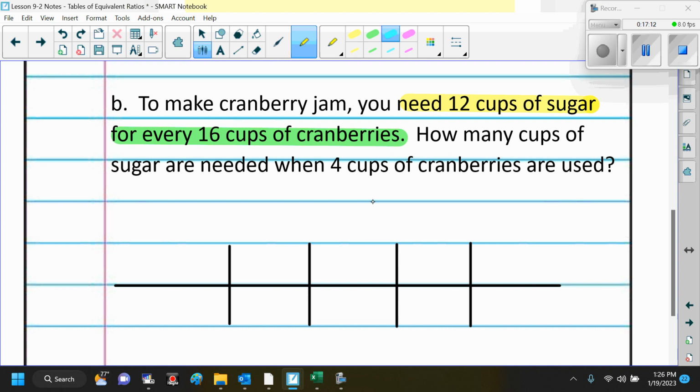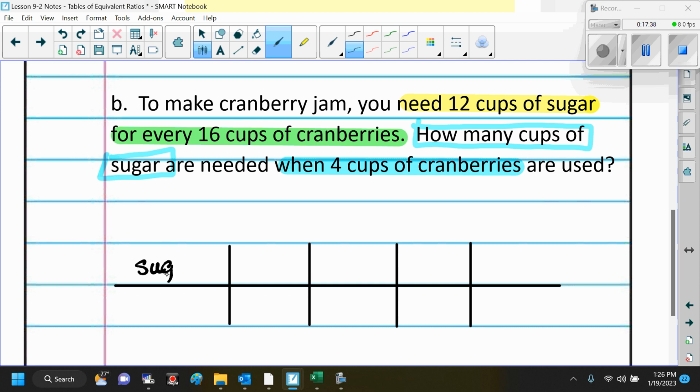So, what are we looking for? Right, so we're looking for how many cups of sugar are needed when we use 4 cups of cranberries, okay? So, in our table, in the top left, we're going to write sugar, right?